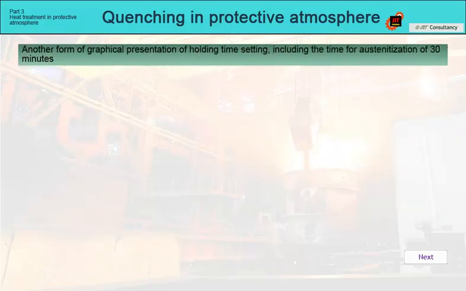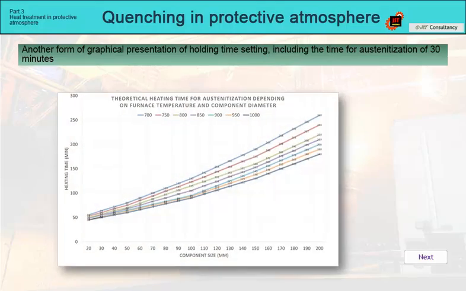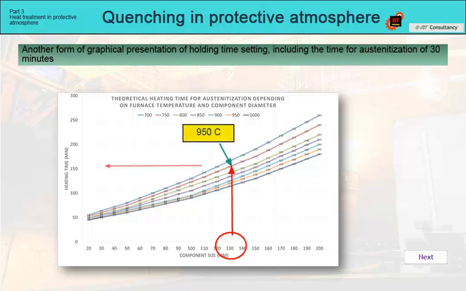Another form of graphical presentation of the holding time setting, including the 30-minute austenitization time, is shown in this graph. The operator selects the maximum characteristic dimension of the part on the horizontal axis, then the curve for a given furnace temperature, in this case 950 degrees Celsius, and reads the time on the vertical axis.